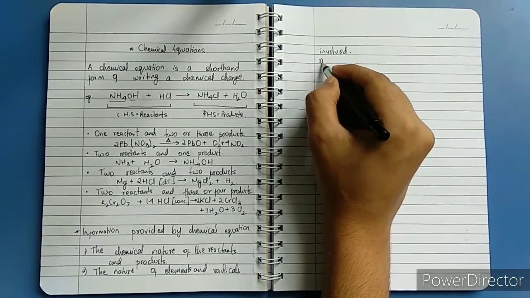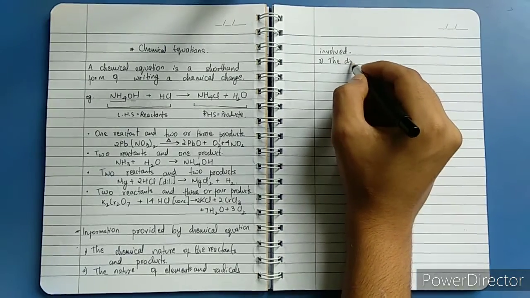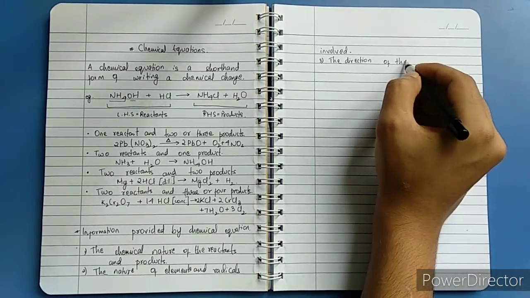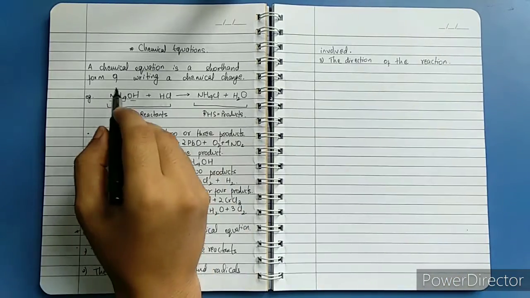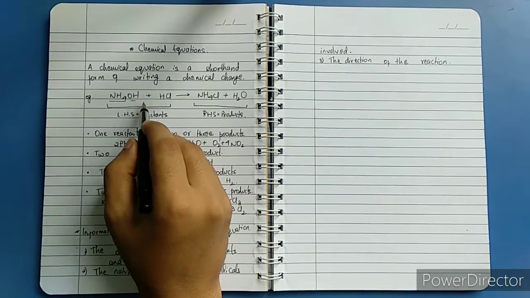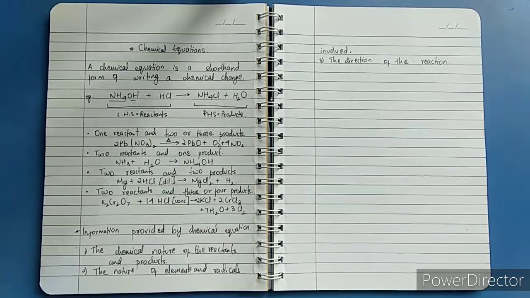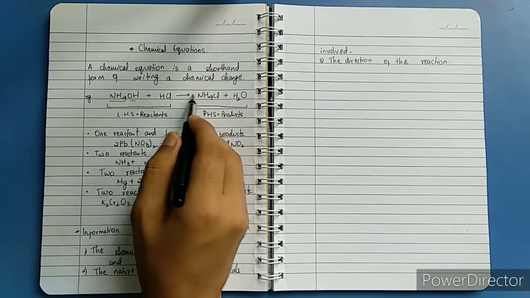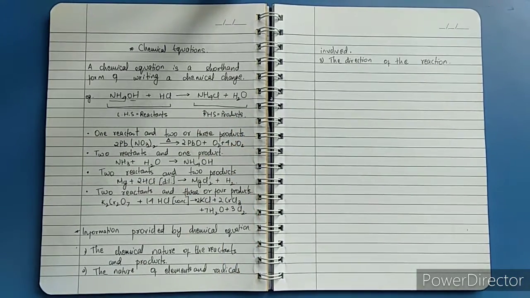The third point is the direction of the reaction. Over here, ammonium hydroxide reacts with hydrochloric acid to form ammonium chloride and water. So these are the reactants and this is the product. The direction is from this to this.